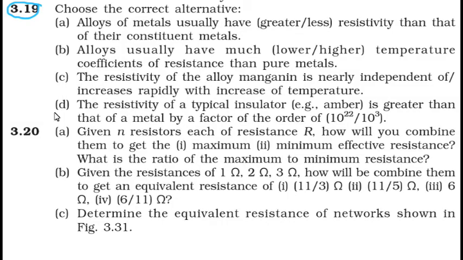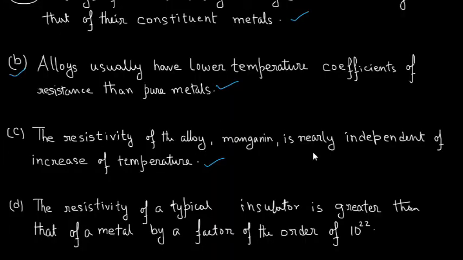Now part D. The resistivity of a typical insulator, for example amber, is greater than that of a metal by a factor of the order of 10 to the power 22 or 10 to the power 3. The solution is, the resistivity of a typical insulator is greater than that of a metal by a factor of 10 to the power 22.